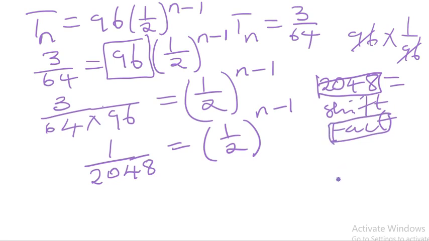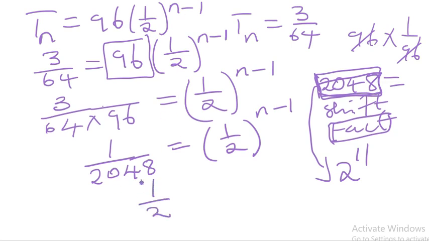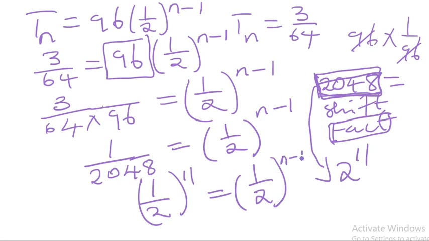The answer that will come out will be 2 to the power of 11. In short, you are writing 2048 in exponential form. So you will have 1 over 2, all of this raised to the power of 11, and then 1 over 2 this side to the power of n minus 1.